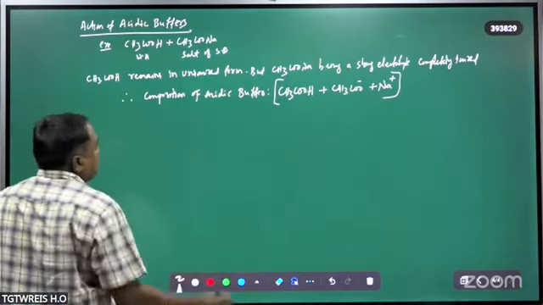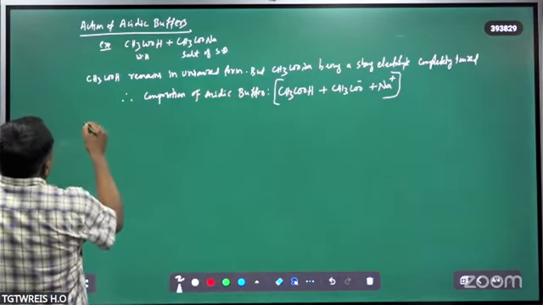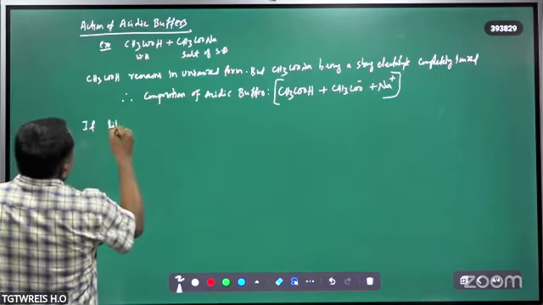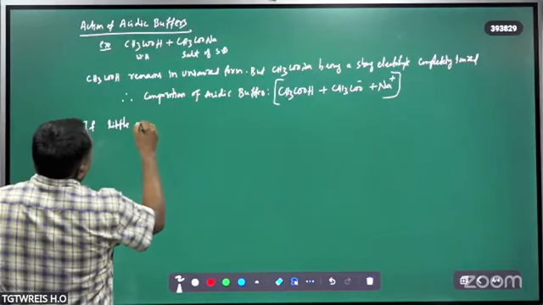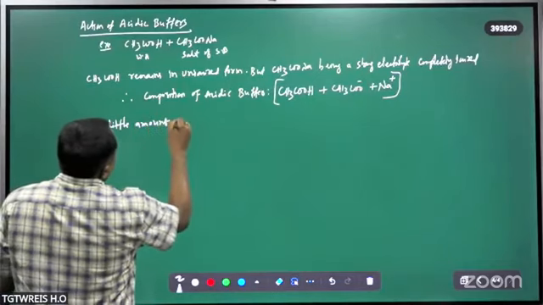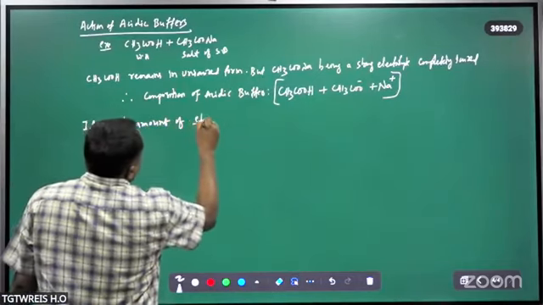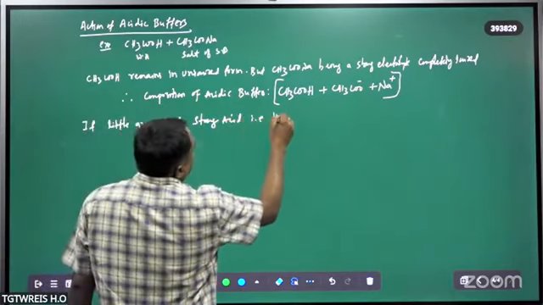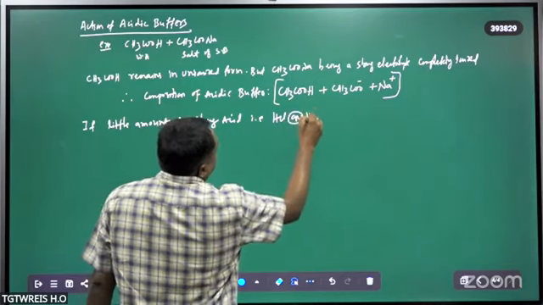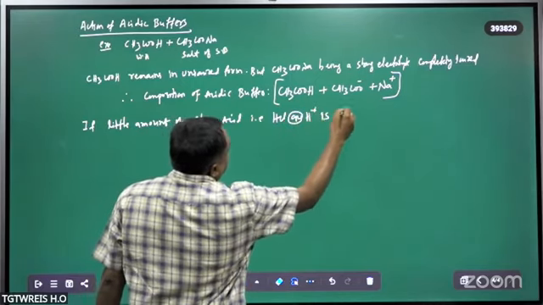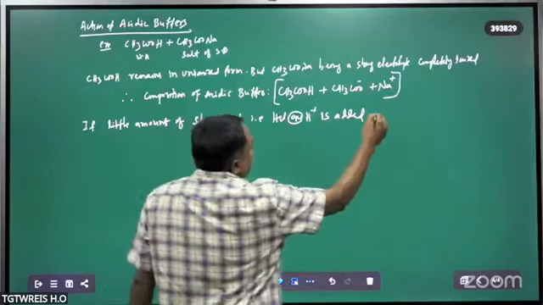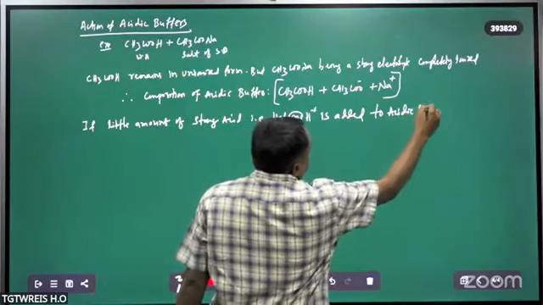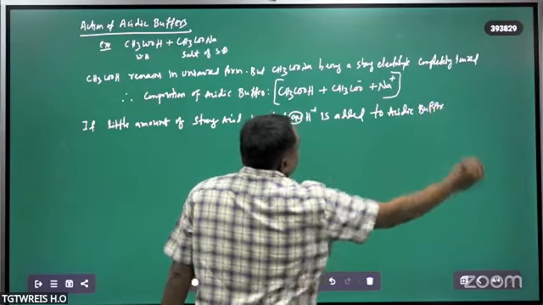So here, suppose a little amount of strong acid, that is HCl or H plus, is added to the acidic buffer. What will happen?